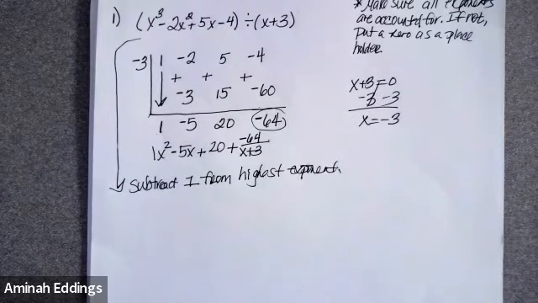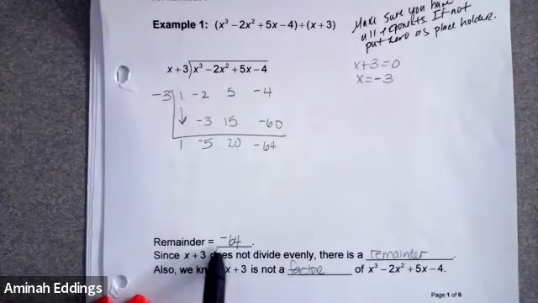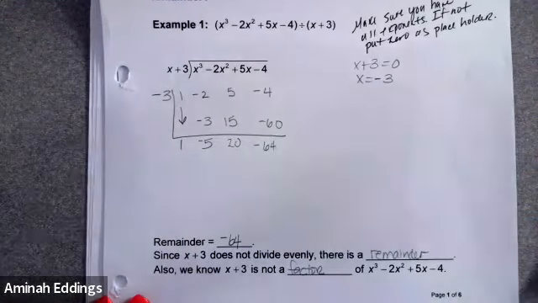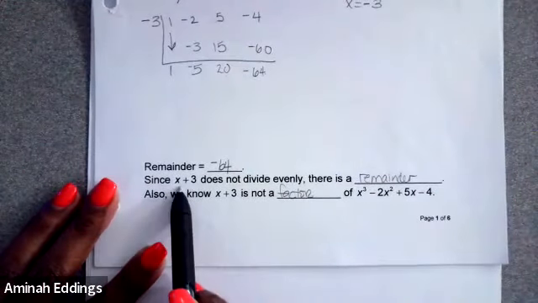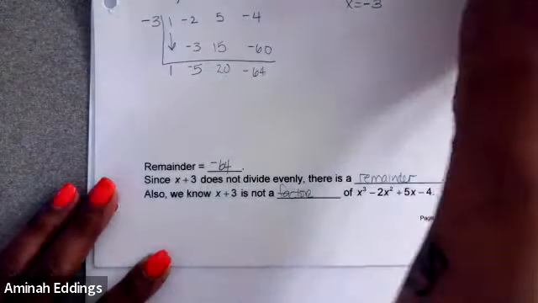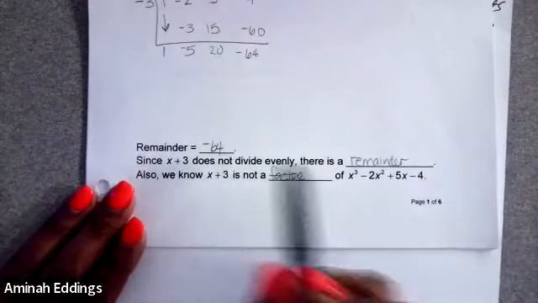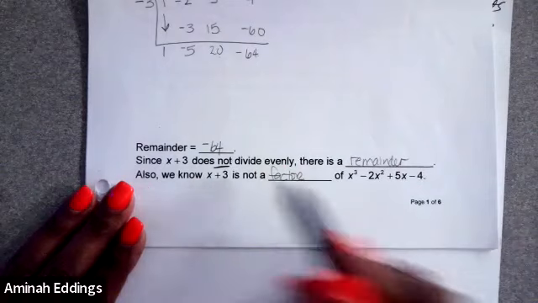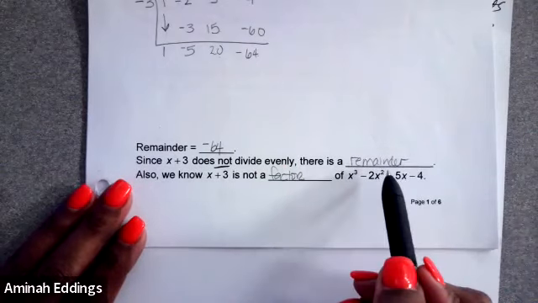Okay. All right, so let's put a couple of things together now. Let's talk about it. Here, we just established that our remainder is -64. Since x plus 3, remember that's what we were dividing here, does not divide evenly, there is a remainder.